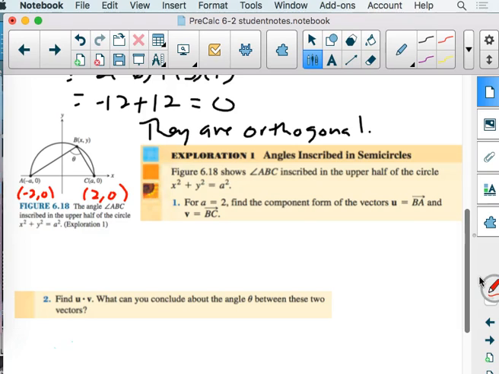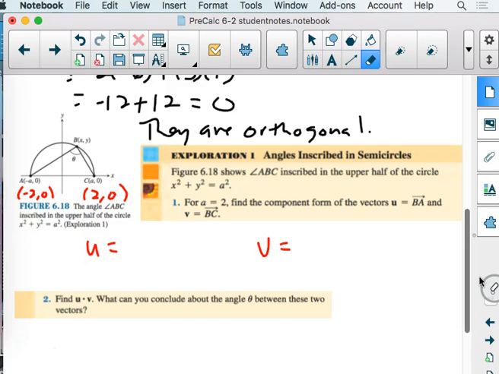So, finding the component form. All right, we can do that. We've done that before. All we have to do is terminal minus initial. So u is from B to A, but A is the terminal point here. So we'd have x minus a negative A. Oh, A is the terminal.